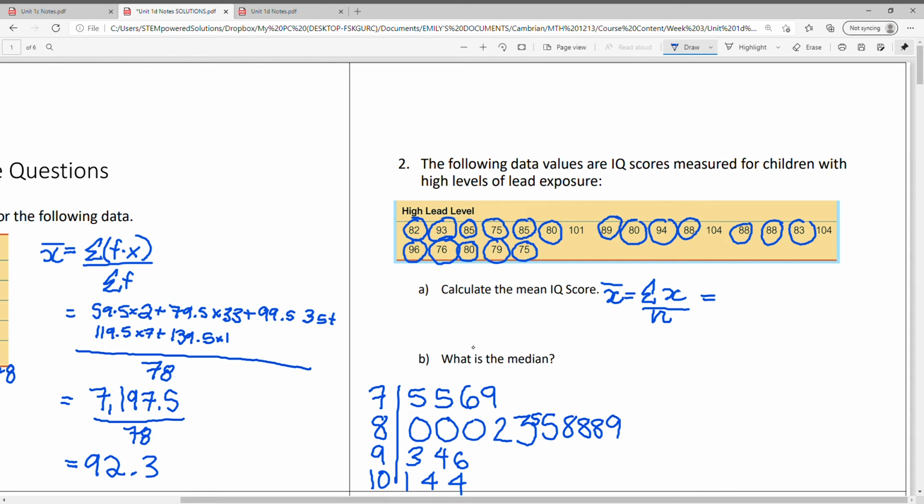So the total sum is equal to 1,825. Then we're going to divide by the number of numbers.